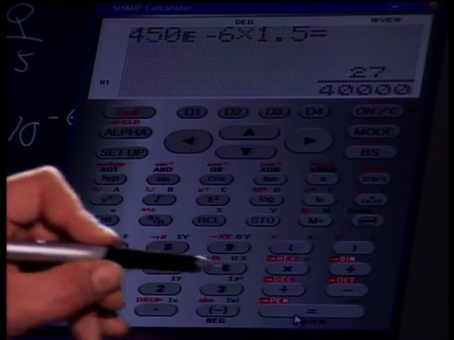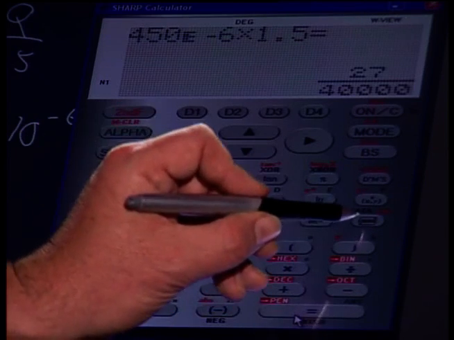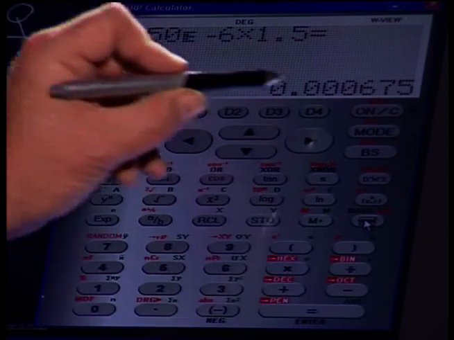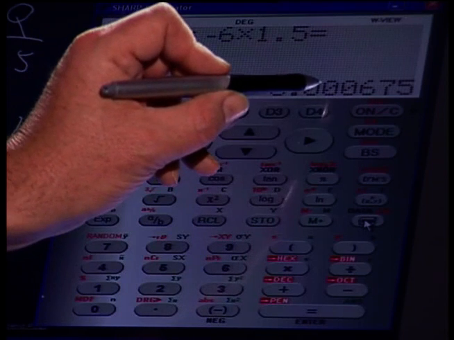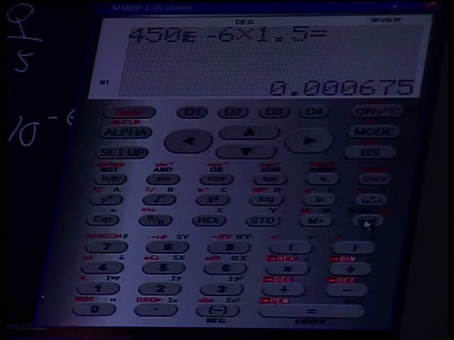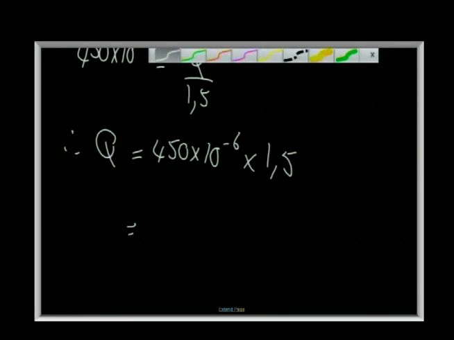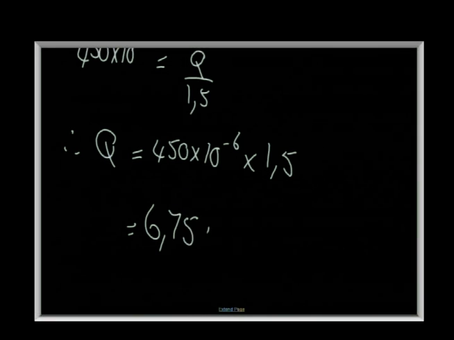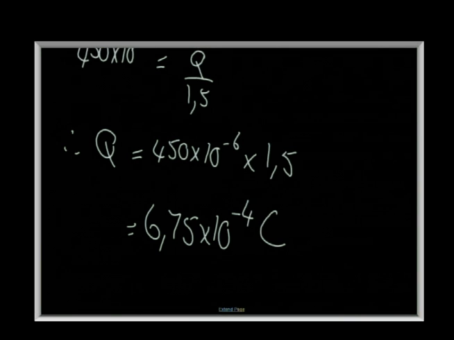We get the answer, and we'll just need to get that into a more usable value, and we can see that if we convert that to exponential notation, that would be times 10 to the 1, times 10 to the 2, times 10 to the 3. So it is 6,75 times 10 to the minus 4 coulombs.